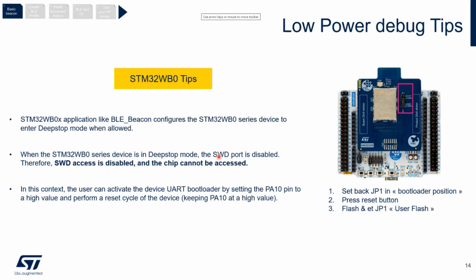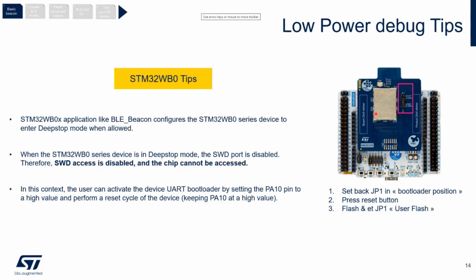There is no capability to wake up the chipset from the SWD port. So, assuming you have already flashed an image which enables the low power mode, you will not be able to wake the device back up using the SWD probe, whether over STM32WB0, Keil, IAR, or whatever.